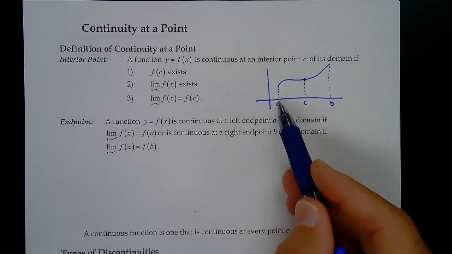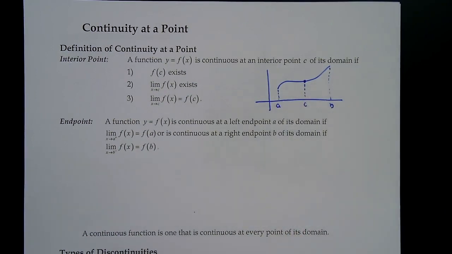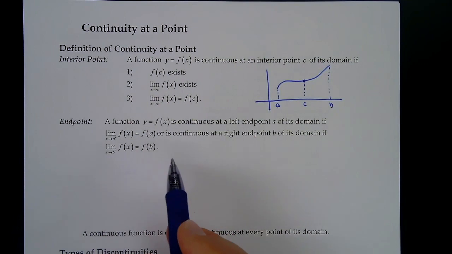This is weird for a left endpoint, but we have to approach it from the right side because there's nothing on the left. The function's on the right if it's a left endpoint. So we have to approach A from the right and show that those two are the same value.